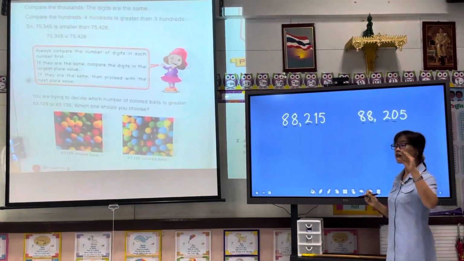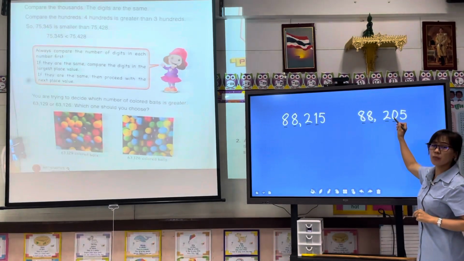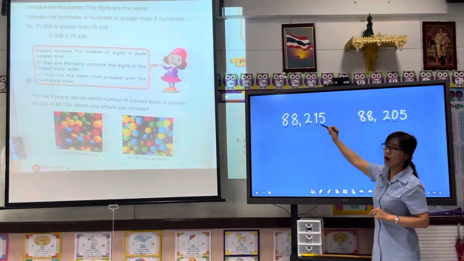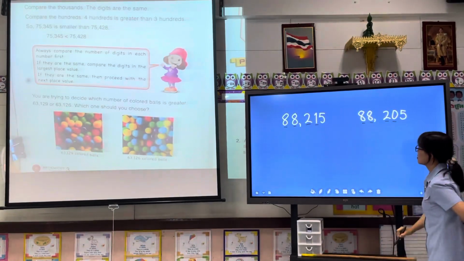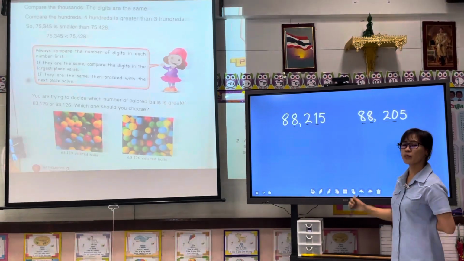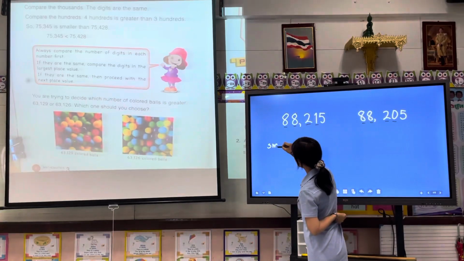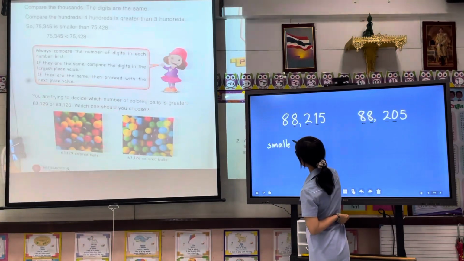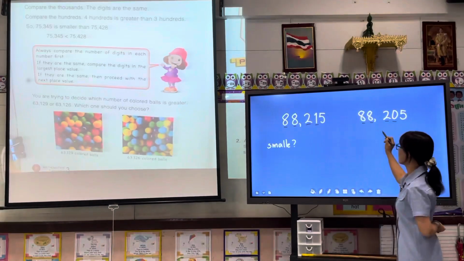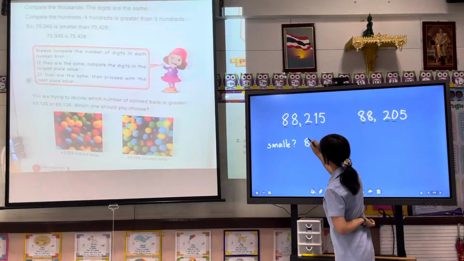Of course, 0. 0 is smaller than 1. So using our symbol, the question is, which number is smaller here? Yeah, this one.